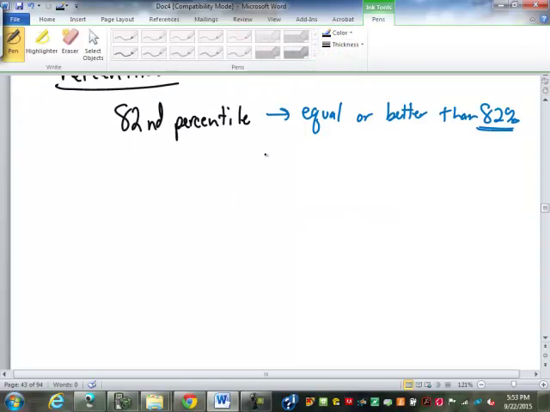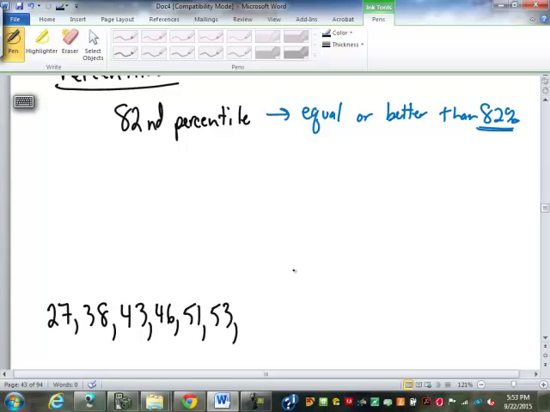So I'm going to set up a set of data here, and we're going to work with percentiles a little bit. Let's just say that these are scores.